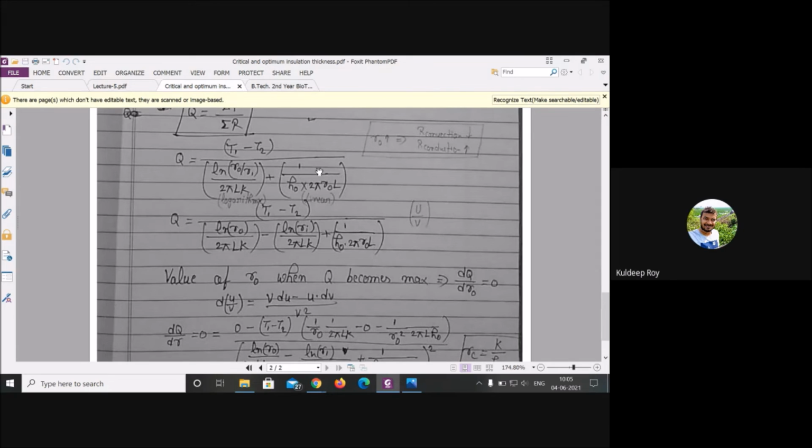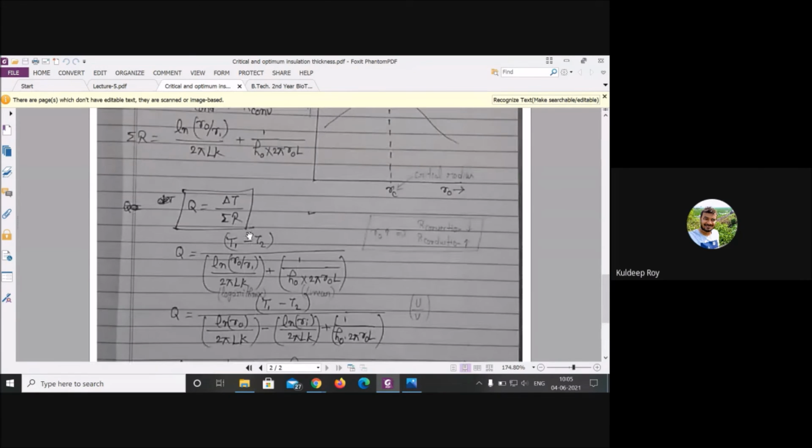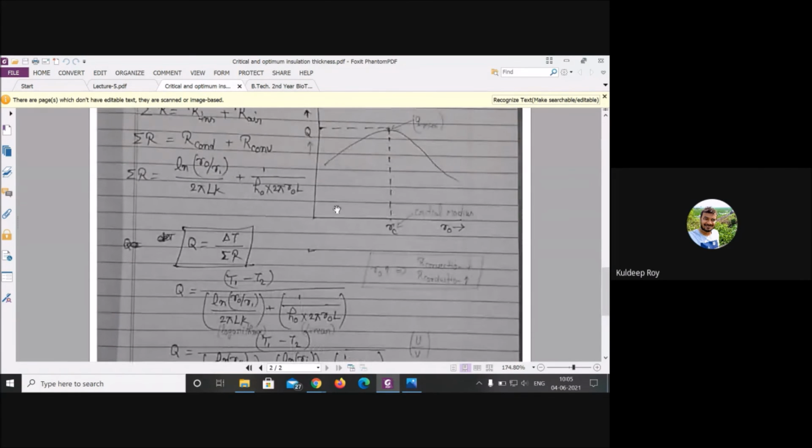One value is logarithmic, meaning it can propagate more or deviate more, because ln of any value, if positive, can propagate more, or if negative, can reduce the value to a larger extent as compared to linear. When you compare, you are looking for R naught, the value where you will get the maximum heat transfer, Q max.